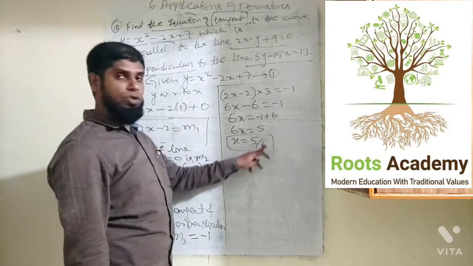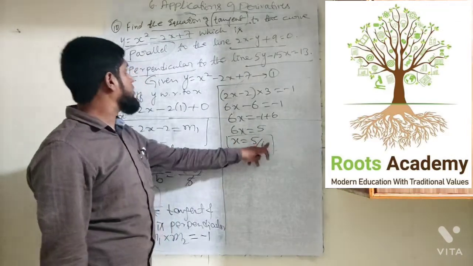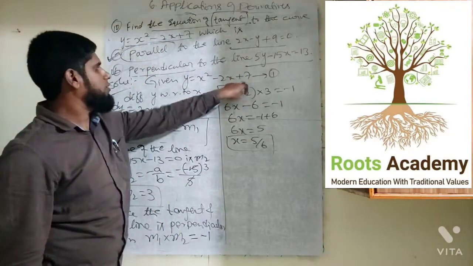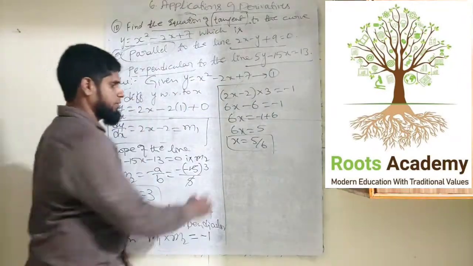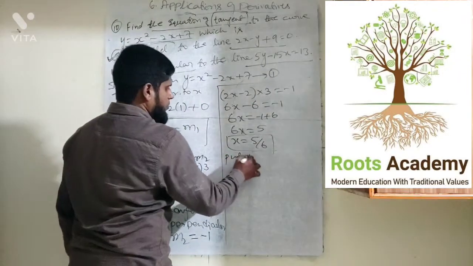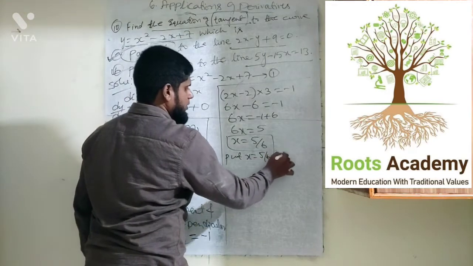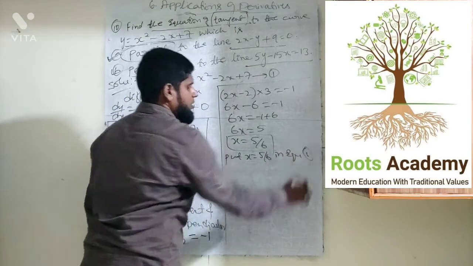After getting the value x is equal to 5 by 6, let us substitute this in equation 1, because here I have y. Put x equal to 5/6 in equation 1.